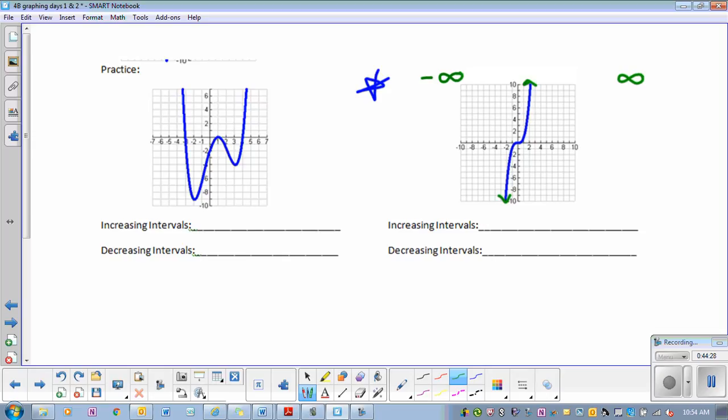So what is this one doing from negative infinity to infinity? What is this one doing from the left to the right? Going up, increasing. It's increasing the whole way, and there is no decreasing.